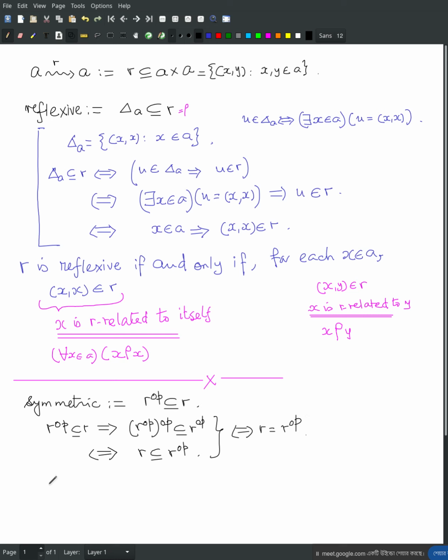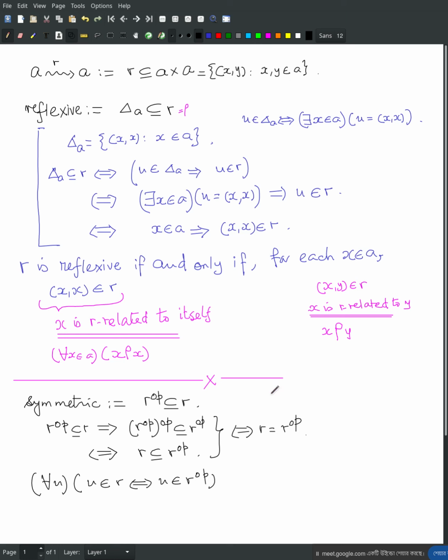It means that for all U, now extensionality comes in, U belongs to R if and only if U belongs to R op. Now, when does U belong to R?